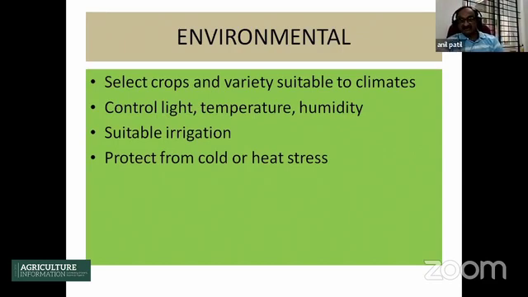Suitable irrigation is required. Suitable irrigation is providing the required water quality having correct pH, correct electrical conductivity. And the type of irrigation that you are going to choose. See, in traditional system, we do flood irrigation, which is the lowest cost.